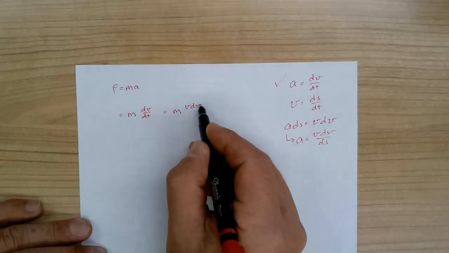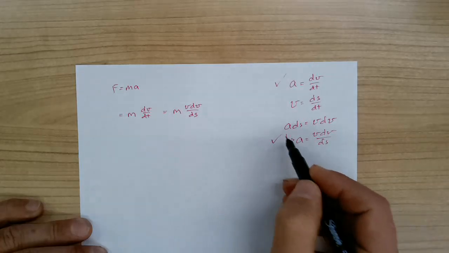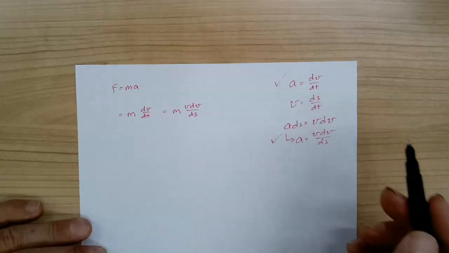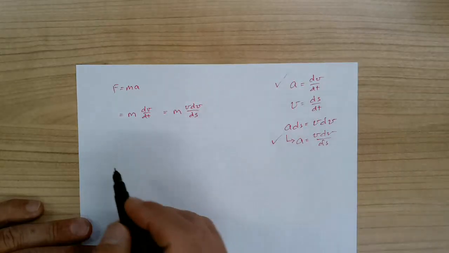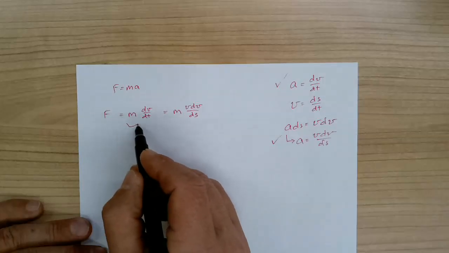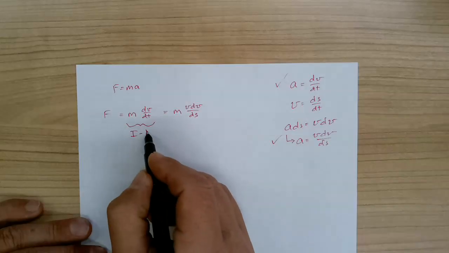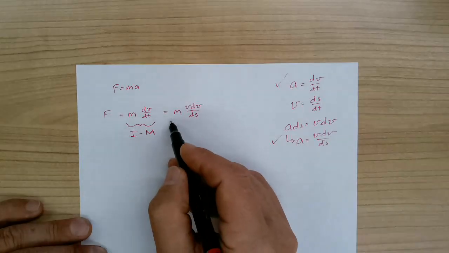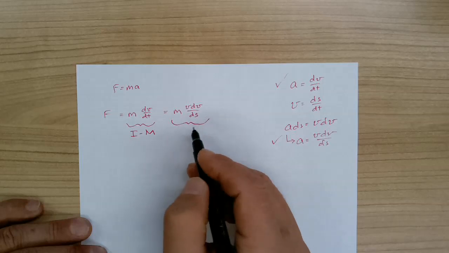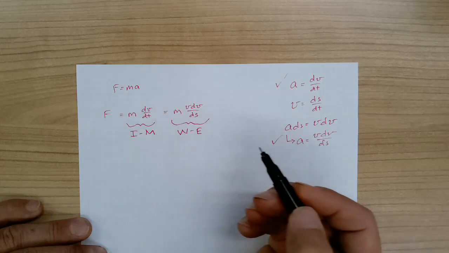Just substituting in our two equations for acceleration. This here is our impulse and momentum, and this here is the basis for our work and energy equations.